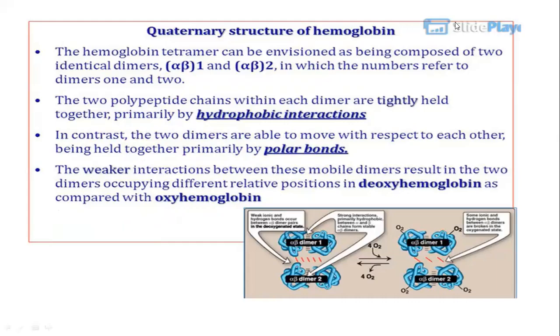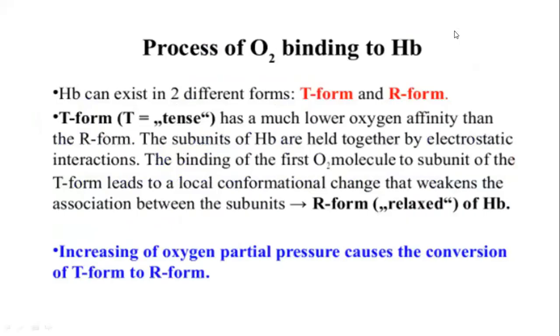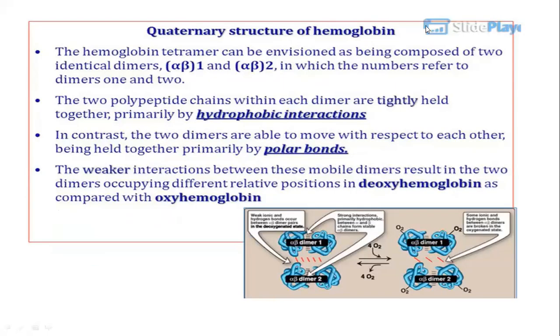So I think it's also important for me to mention this early that the hemoglobin structure is a tetramer, and it is a tetramer of 2 dimers or 2 subunits. And as I did mention, when you have an alpha and beta combined together, you end up with one subunit or 1 dimer.